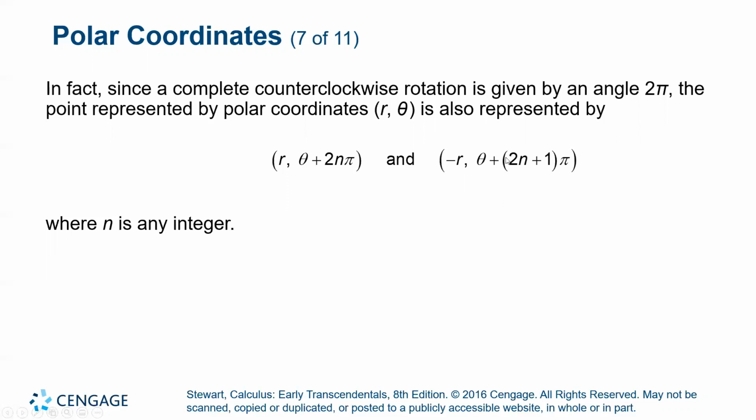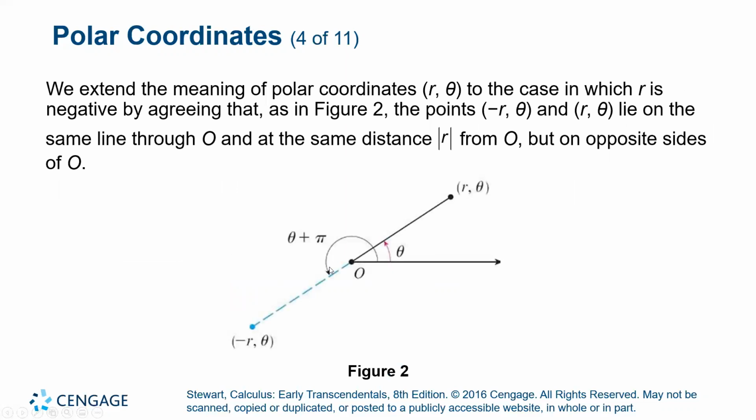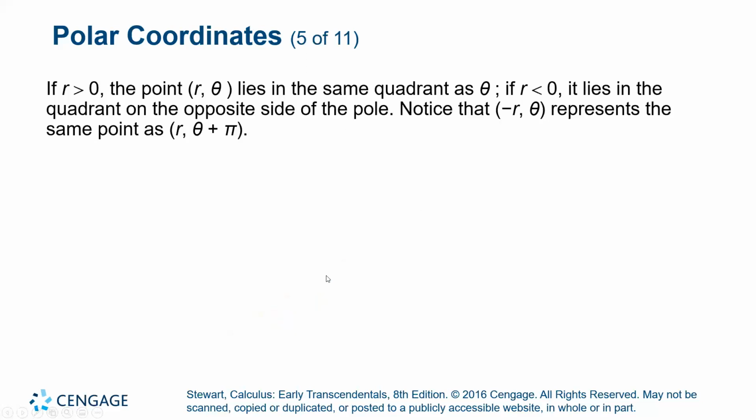And then for the second point, that same exact angle could also be represented with a negative r instead of a positive r, with a different multiple of pi, as we saw in this example here. When r is positive, we go out on the ray, and if you go the opposite direction on that same ray, that would be like adding pi to your angle, because we're going 180 degrees in the other direction.